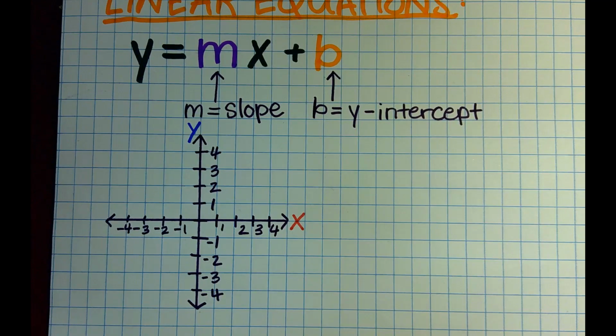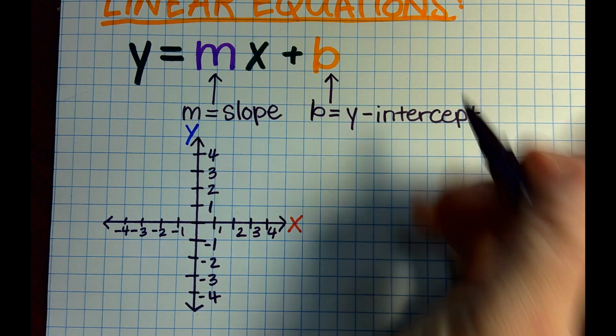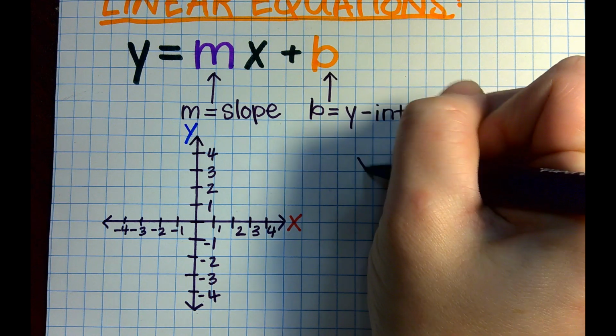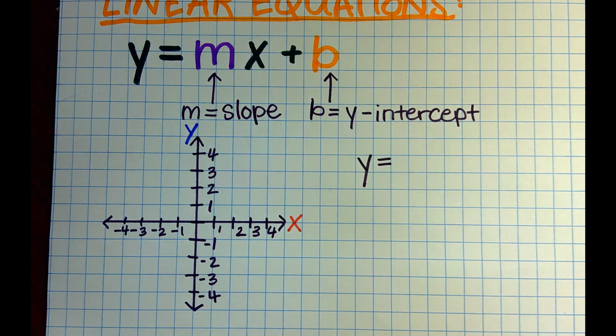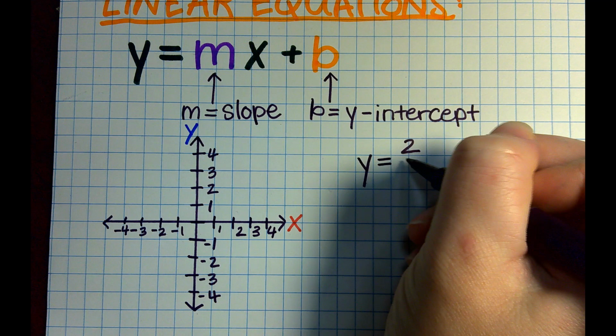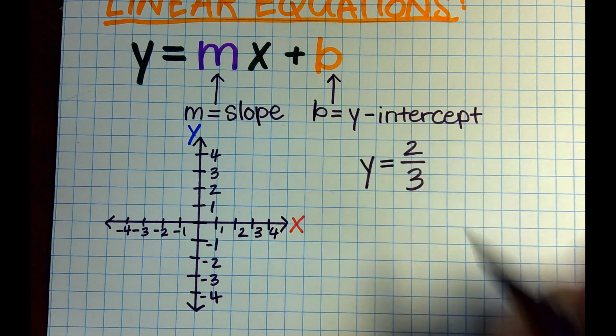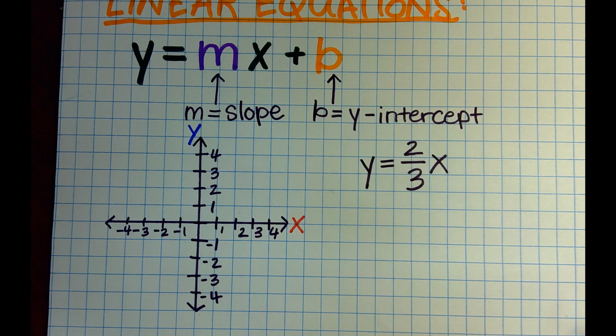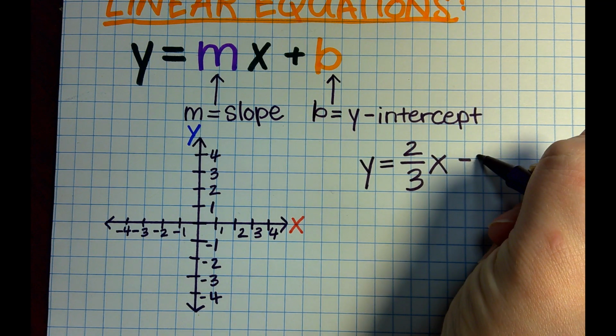Once you have your graph drawn, I'm going to write an equation, and I'm going to show you what to do with this equation. All right, y equals 2/3 x minus 2.